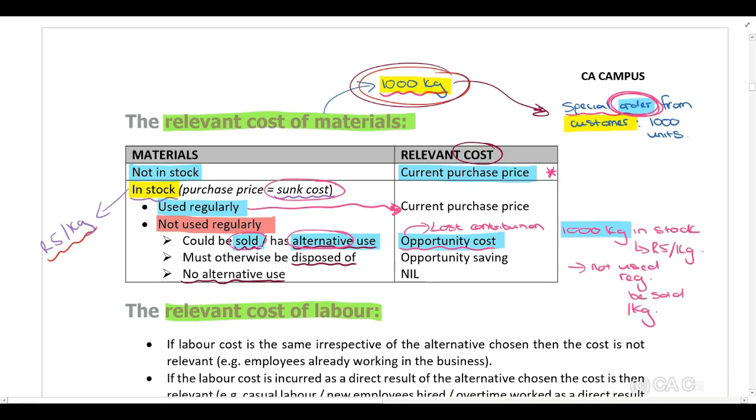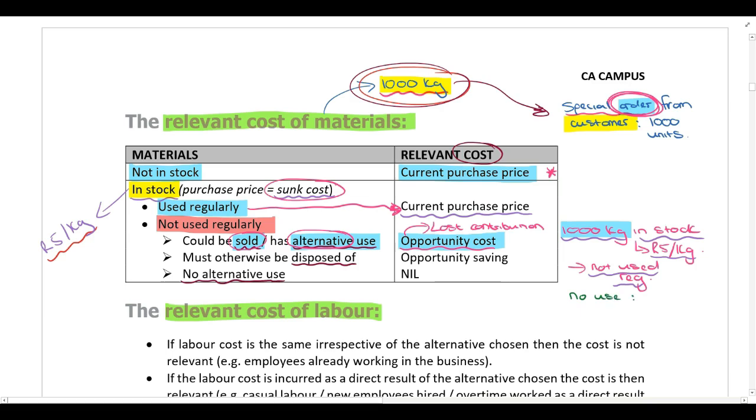Now we're going to change this up a little bit. We still have the 1,000 kilograms in stock, so it's already in stock and it was purchased at 5 Rand a kilogram. That's not relevant, it's a sunk cost. I also tell you that it is not used regularly by the company. So that's always the first question you ask yourself, because if it's used regularly, the relevant cost is just your current purchase price. So I tell you it's not used regularly. But I tell you the company has no use for this.